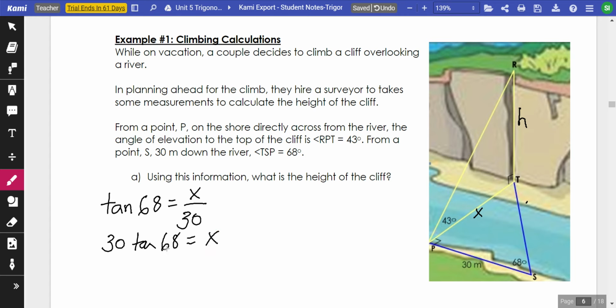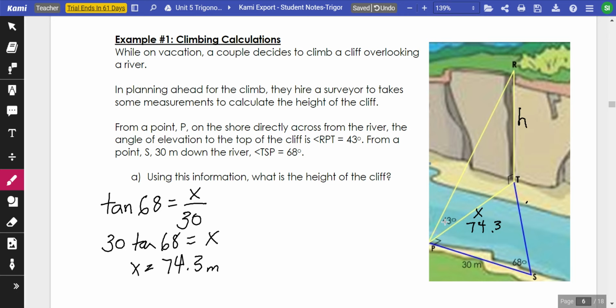When you do that multiplication, you get x equals 74.3 meters. So right here is 74.3. Okay, so now I've got enough information in this triangle to help me solve for the height of the cliff.